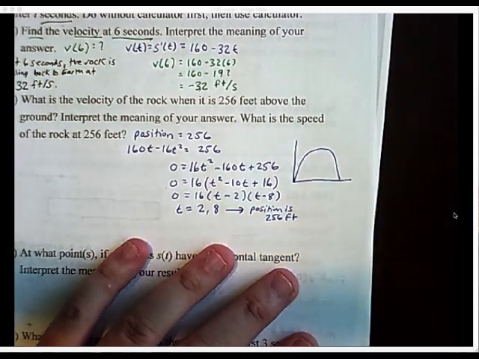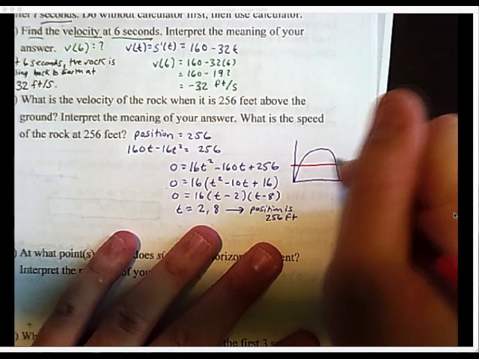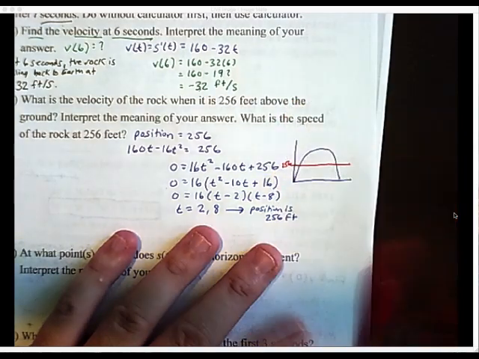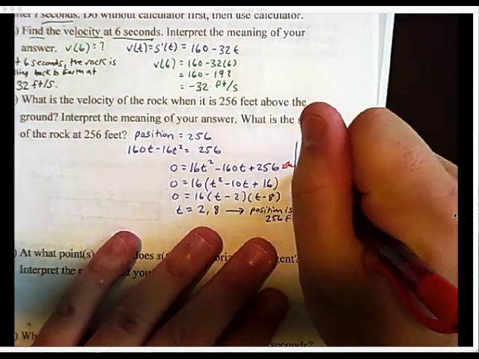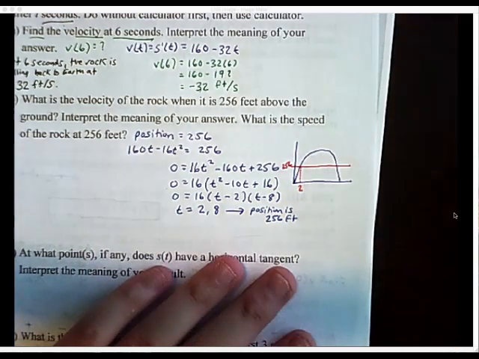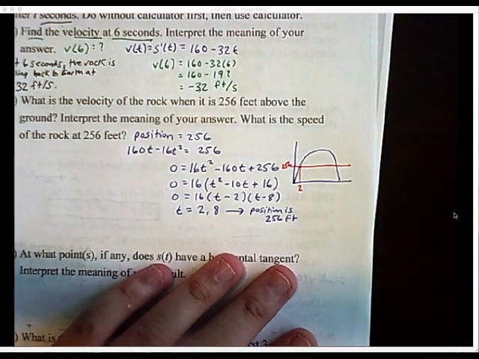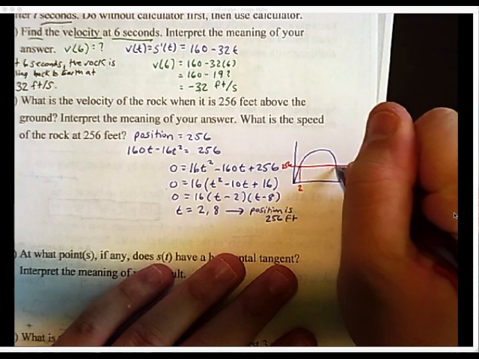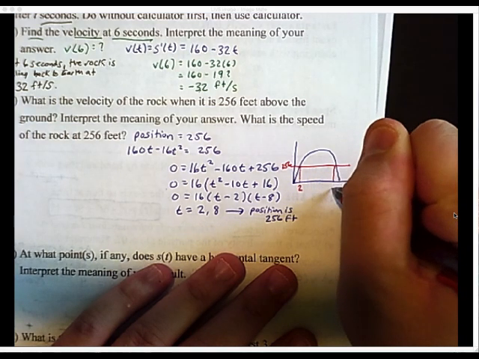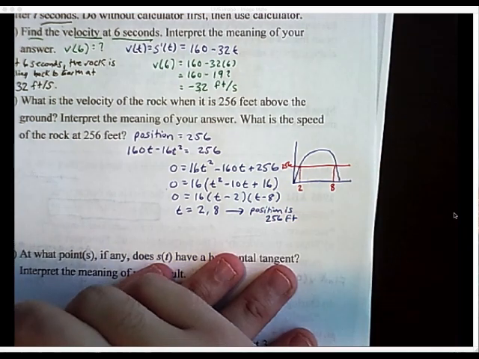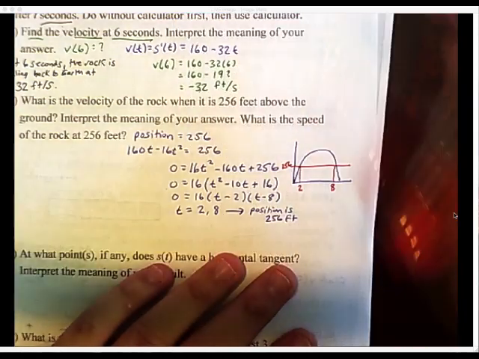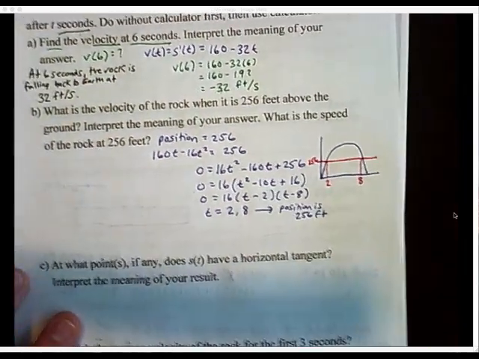Let's say this line was 256. There's 2 times where that happens. At 2 seconds it happens, but then it also gets to a height of 256 back on its way down. So there's 2 times when the position is 256.